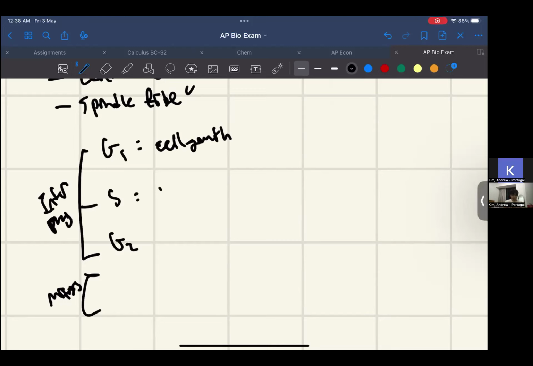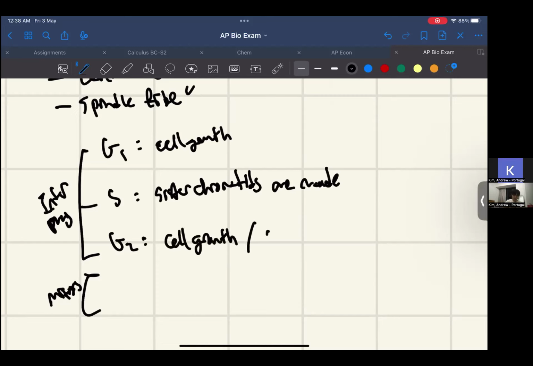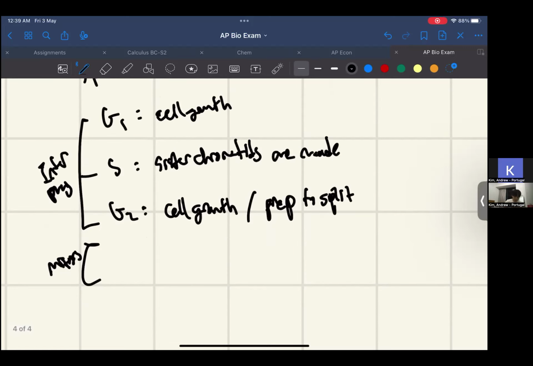S phase is when sister chromatids are made. I'll explain this deeper later, so don't worry about it. And G2 again is cell growth, and more specifically, preparation to split. What do you mean by split? Well, I'll explain later, because mitosis is literally about splitting cell into two.